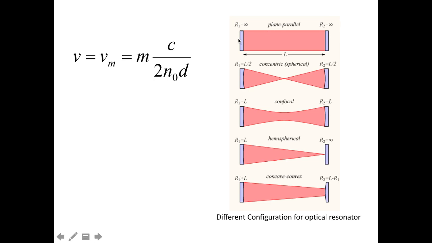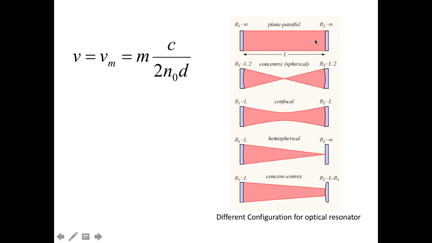This difficulty can be solved by a small mirror separation distance. If the separation distance of the mirrors is less than 1 centimeter, this difficulty can be solved. And this resonator can be used in microchip, microcavity, and semiconductor lasers.